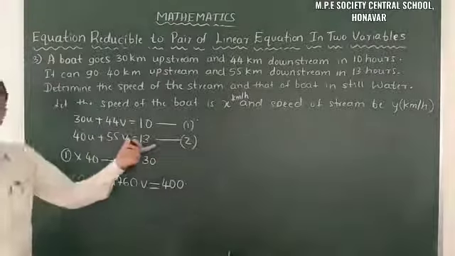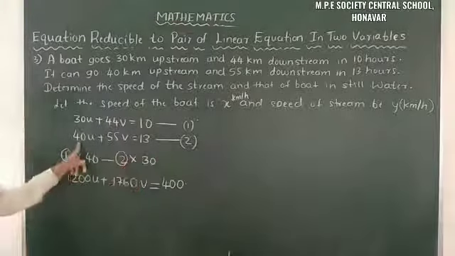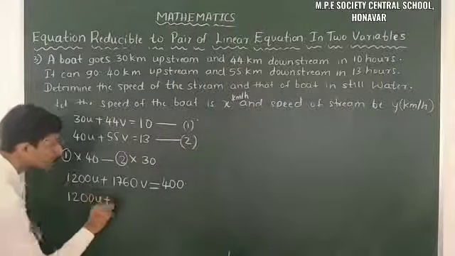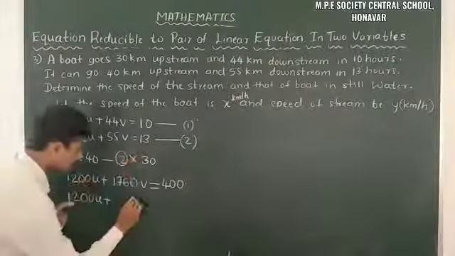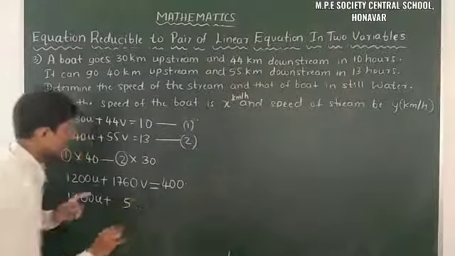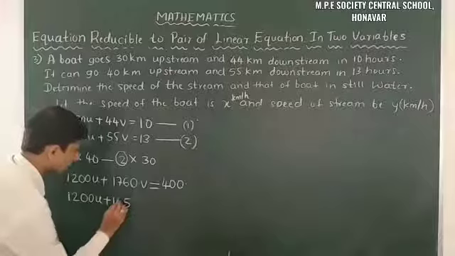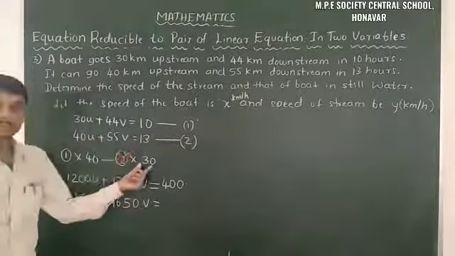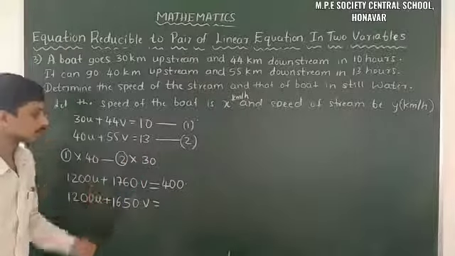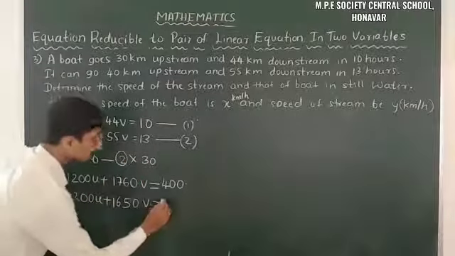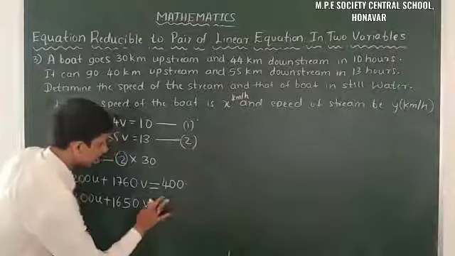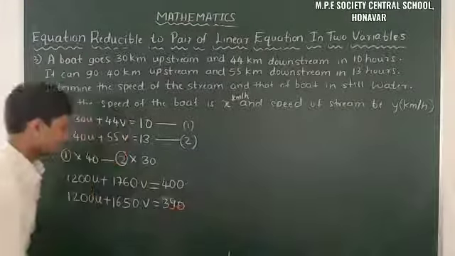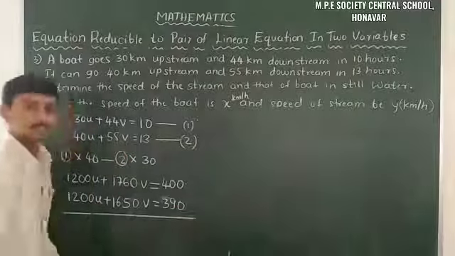Then we have to multiply equation 2 with 30. So we get 1200u plus 1650v is equal to 13 into 30, which is 390. After that we have to subtract.